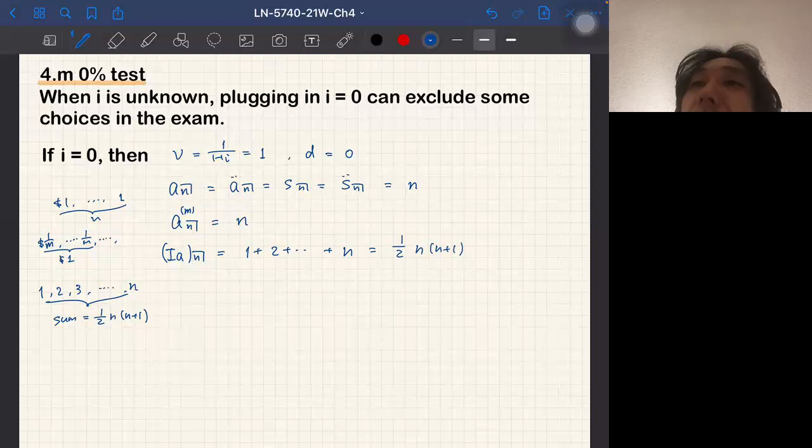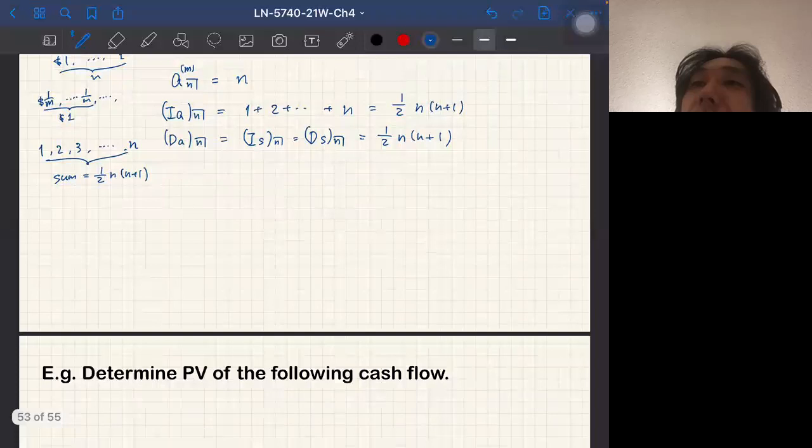This is the same for the decreasing annuity, and also for the increasing annuity accumulated value and the decreasing annuity accumulated value. Everything is the same, 1/2 times n times n plus 1.